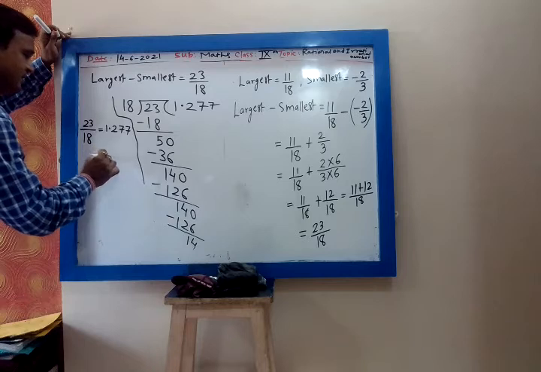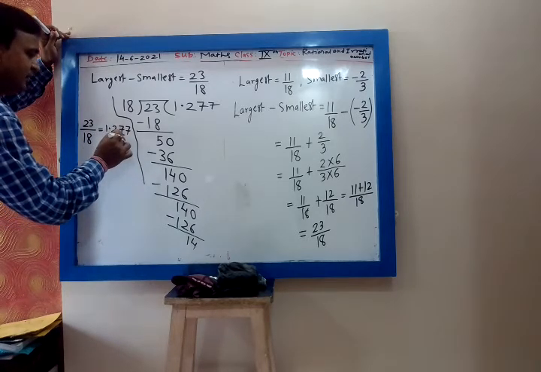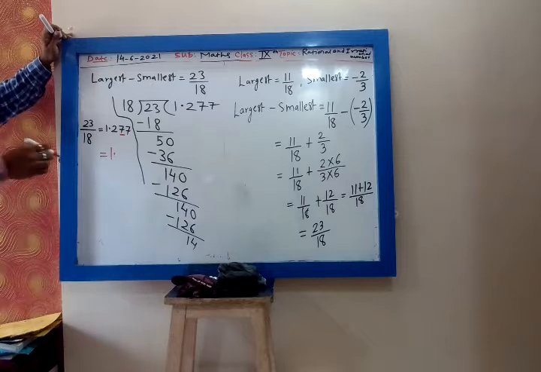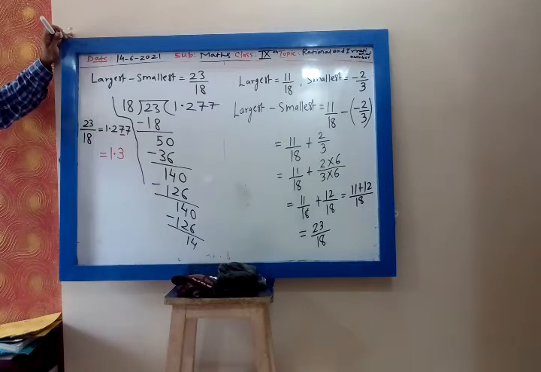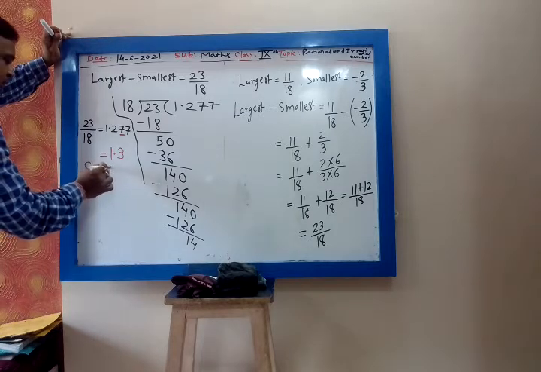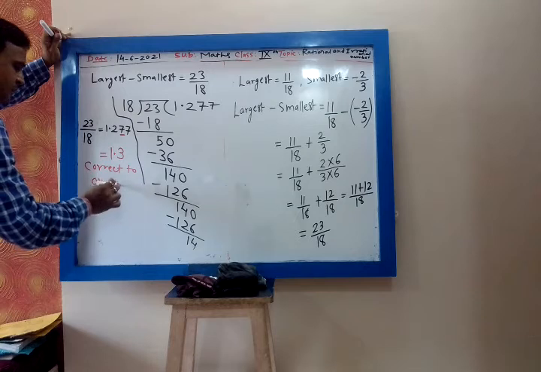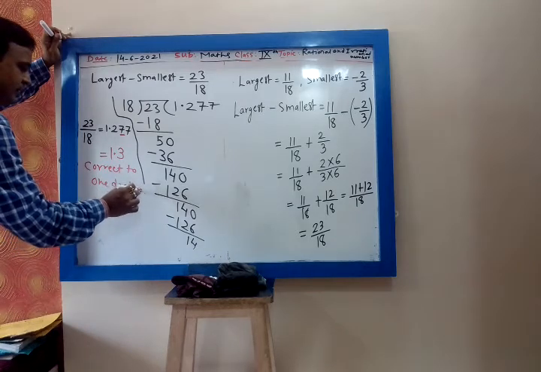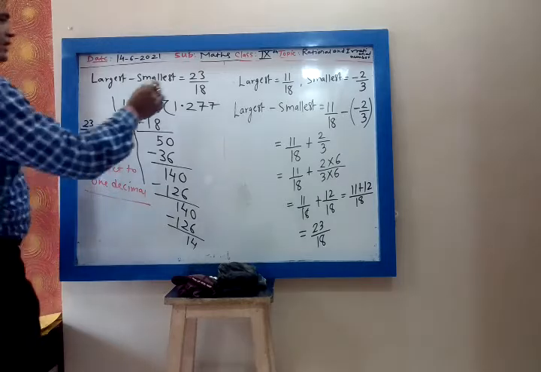So this is 1.2, but the next digit is 7, which is more than 5. So this 2 will become 3. So this is 1.3. Correct to 1 decimal, the answer is 1.3. So we write 1.3.